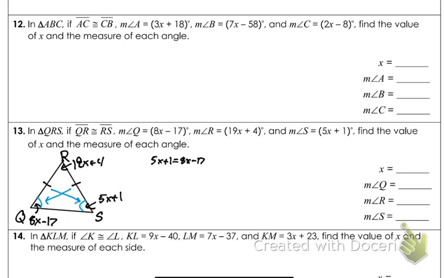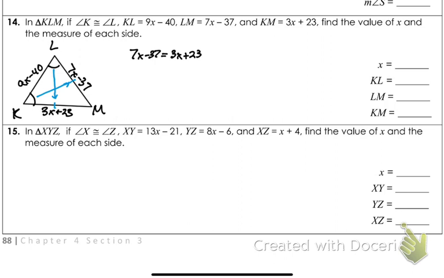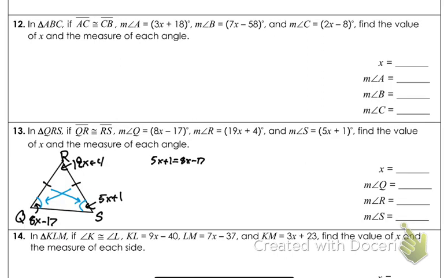This is kind of the same thing as the last one. That one went from angles to sides. I gave you two congruent angles, which means I gave you two congruent sides. This one gave you two congruent sides, which gave you two congruent angles. That is just the isosceles triangle theorem and its converse in action.